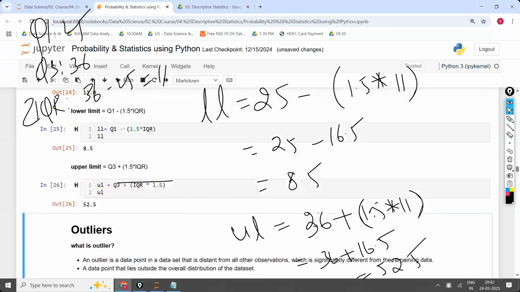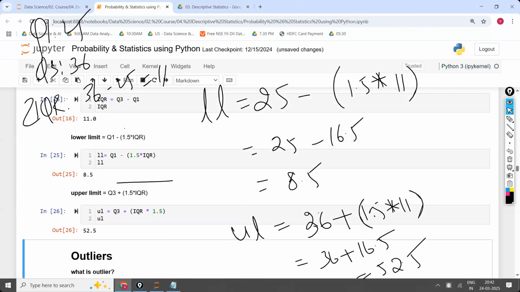Any value less than the lower limit is considered an outlier. Any value greater than the upper limit is considered an outlier. So values below this and above this are called outliers. Points are clear?